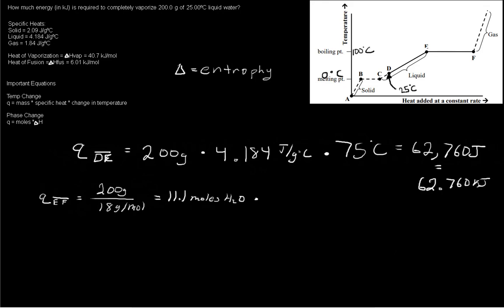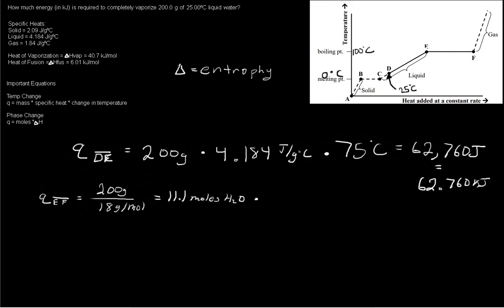It can be the heat of fusion, or it could be the heat of vaporization. Because we're going from a liquid to a gas, it's the heat of vaporization. If we were going from a solid to a liquid, it would be the heat of fusion. But since we're going from a liquid to a gas, it's heat of vaporization. Think of it like gas and vapor. They're similar, right? So that's why we use the heat of vaporization.